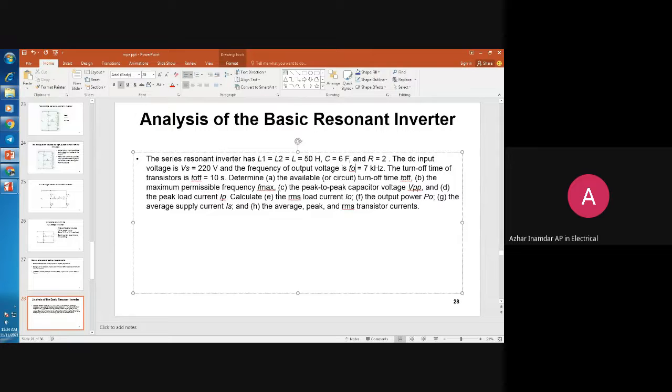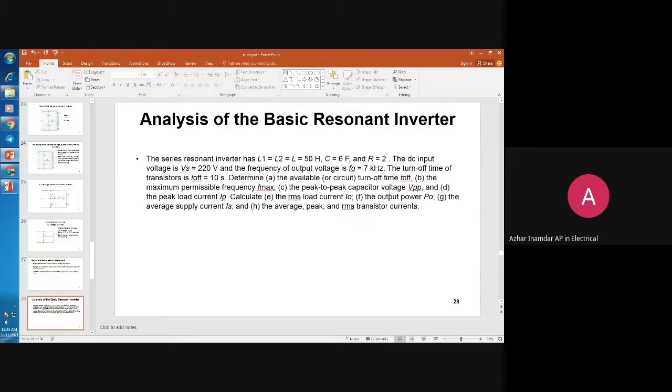For example, you have to find the turn off time T off, the maximum permissible frequency F max, the peak to peak capacitor voltage, peak load current, RMS load current, the output power, the average supply current IS, and the average, peak, and RMS transistor current.